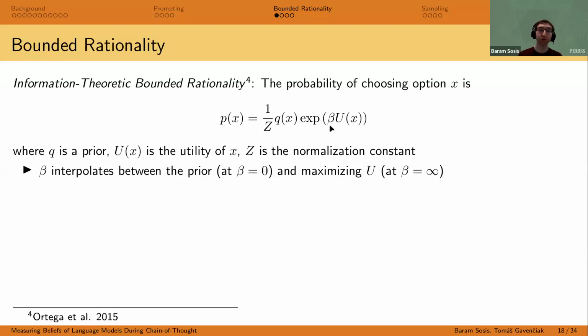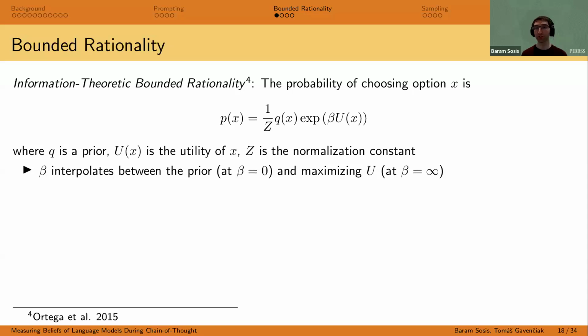So beta acts like an inverse temperature. They call it a rationality parameter because it governs how rational, so to speak, the agent is being. If you use a beta of 0, then you're just following the prior Q. Whereas as you increase beta, you start increasingly optimizing the utility function.